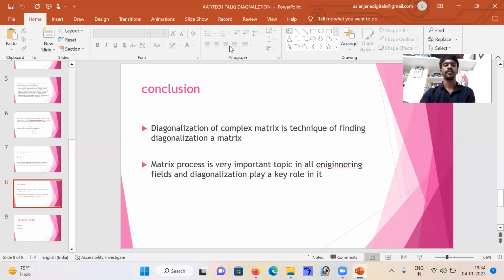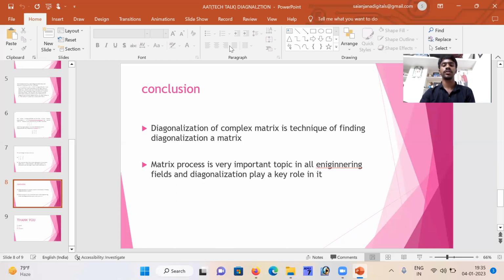Conclusion. At last, the conclusion. Diagonalization of a complex matrix is the technique of finding the diagonalization of a matrix. It is a very important topic in all engineering fields, and diagonalization plays a key role in it.